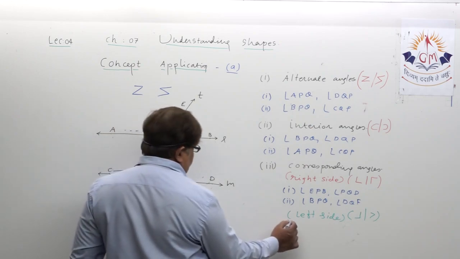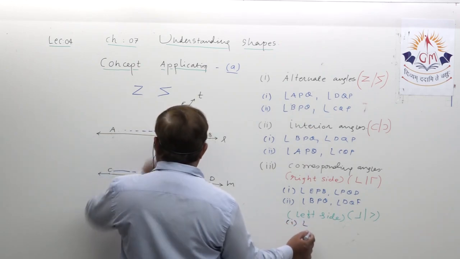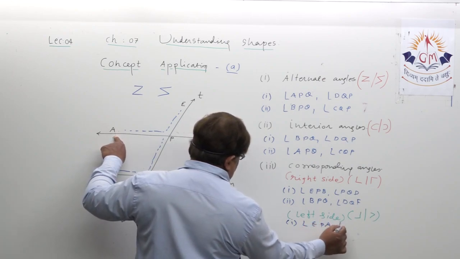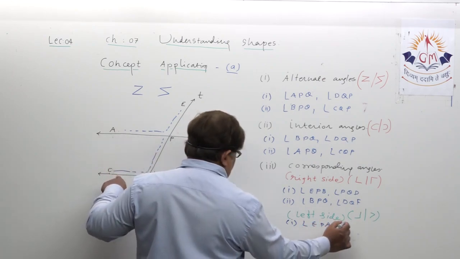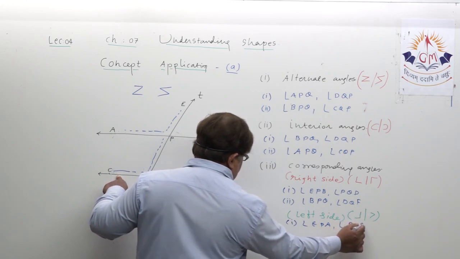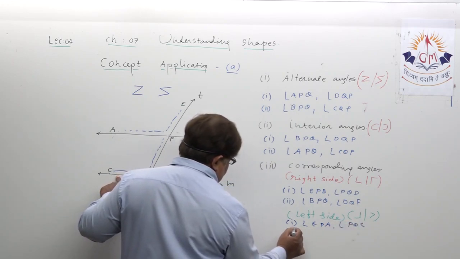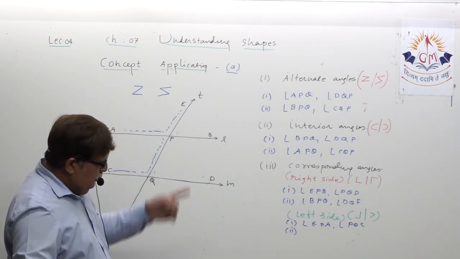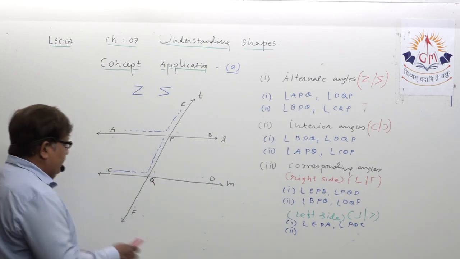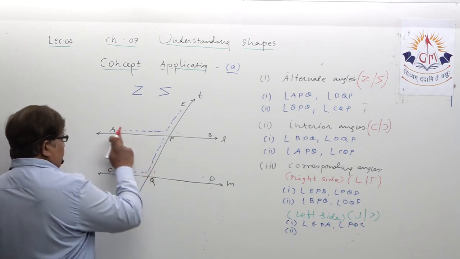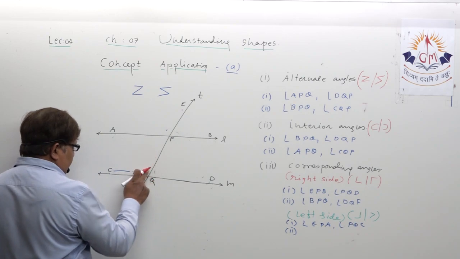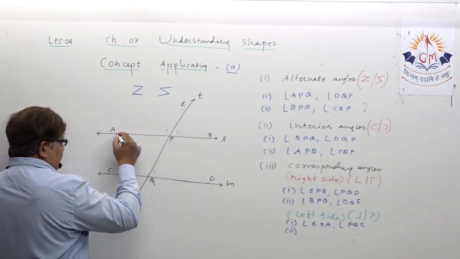Let me write the first pair: angle EPA and angle PQC. Second pair, dear student. Again, what is the logic? 7. Can you start thinking it now? Let me erase this because you have already named it. Start thinking 7.